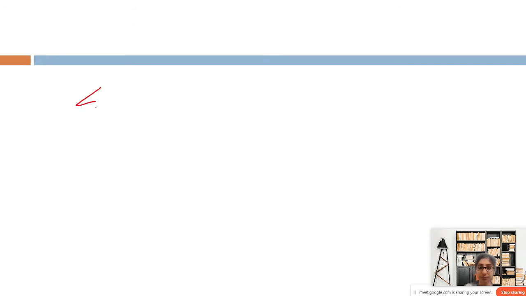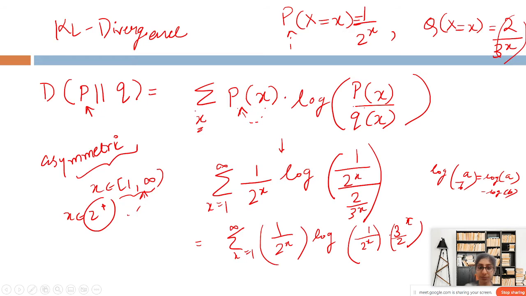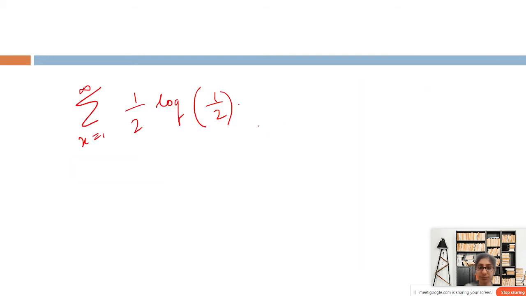So following from the previous line, x equals 1 till infinity, 1 upon 2, then it becomes log of 1 by 2 into, I have clubbed this term together here, this 1 by 2, and in this I am having 3 power x and 2 power x, this I will combine. So this will become 3 by 2 to the power x.